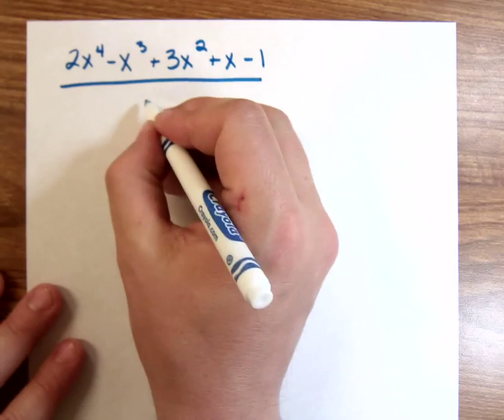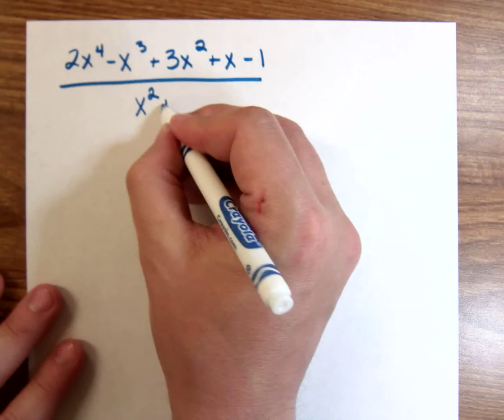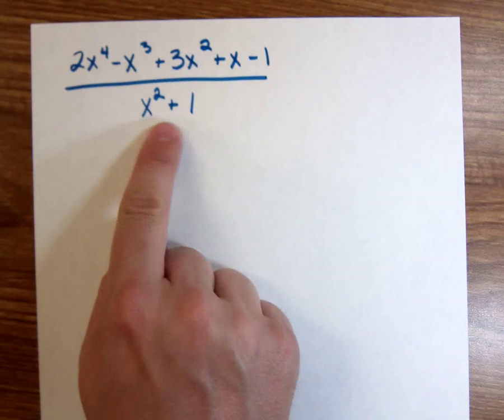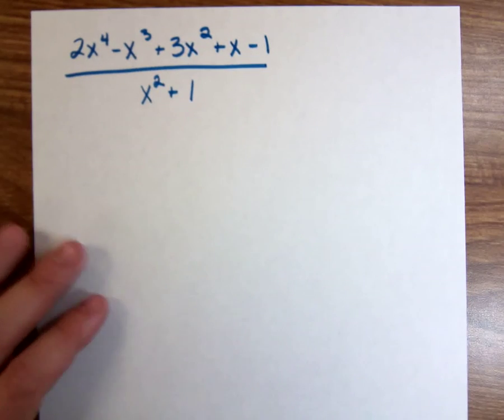That one's fine, not skipping anything, not missing anything, but on the bottom, okay, I'm missing something. Well, x cubed I don't necessarily need, but I do need the x that goes in between. Okay, so this is going to look a little fruity whenever I write it out.